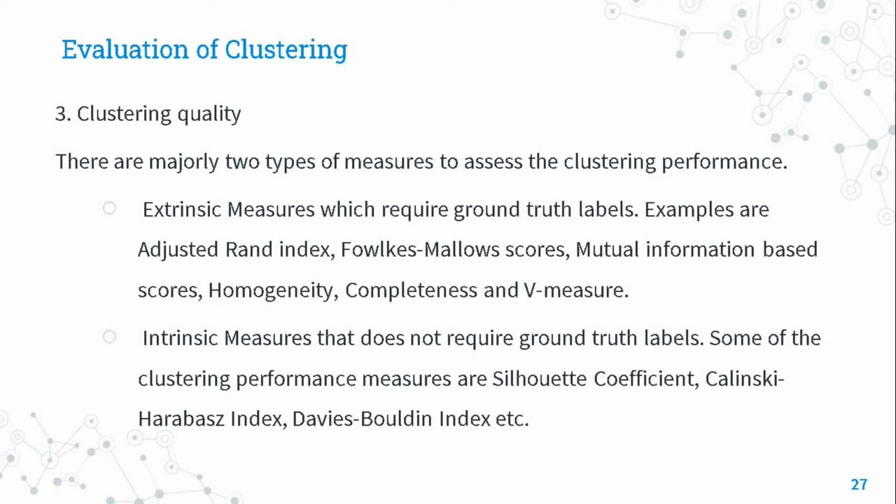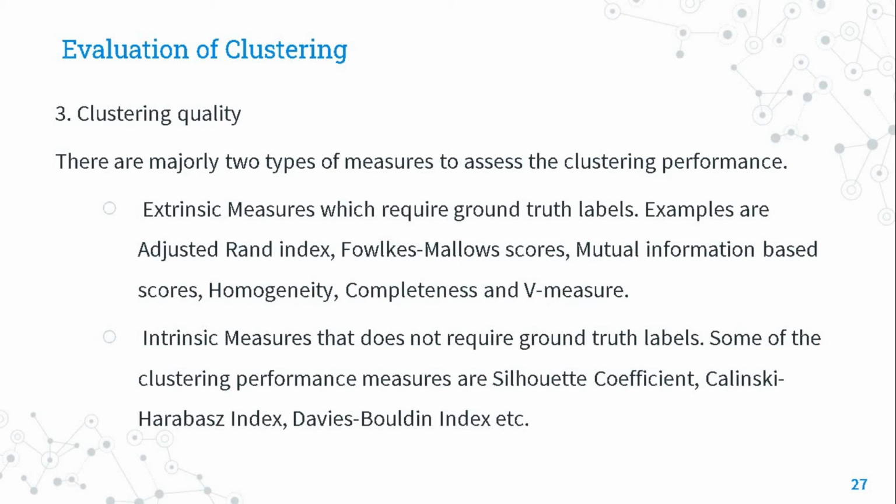The third one is clustering quality. There are majorly two types of measures to assess the clustering performance. The first one is the extrinsic measure, which requires ground truth labels. Examples are adjusted Rand index, Fowlkes-Mallows score, mutual information based score, homogeneity, completeness, and V-measure.